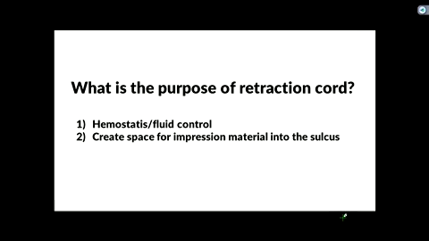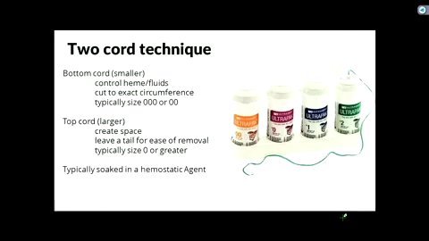So you tend to see, let's say you've prepped your margin exactly equigingival, equal to the gum line. As you place cord, sometimes you'll see it not only move out, but your margin will be a little bit more exposed too. So what we'll teach you guys is a two-cord technique. You have a bottom cord that's smaller and a top cord that's generally larger. The bottom cord is there to control heme.